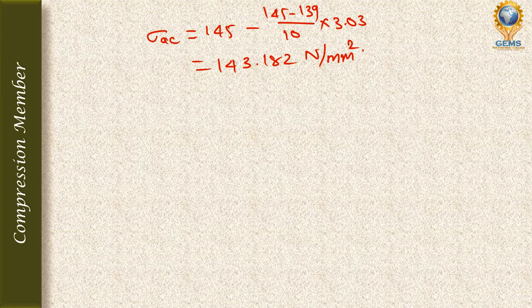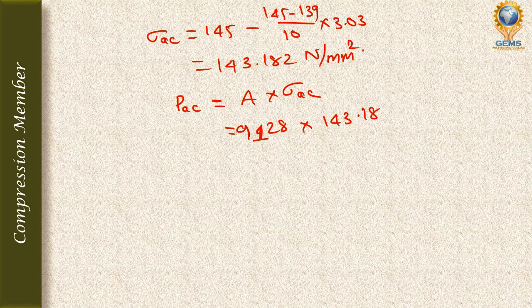So the maximum allowable load was asked. So PAC is equal to, what is the maximum value we can take, not the permissible value. It is a maximum value we have to take, not a permissible value. So area into sigma AC. The area is 9128 into 143.182.